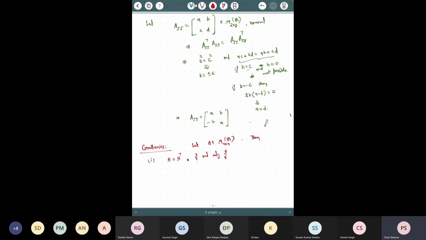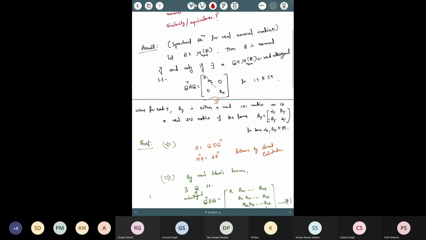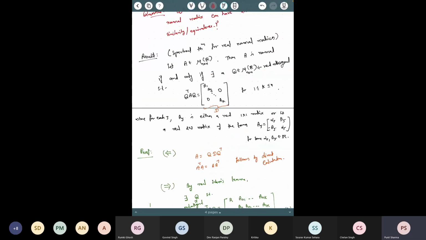Can you state the precise statement: A is equal to A transpose if and only if there is a real orthogonal matrix Q such that Q transpose AQ is diagonal. Why is this? Because all the eigenvalues of a symmetric matrix are real. Exactly. If you apply the previous result to A equal to A transpose, since A is a real normal matrix, you can say that there exists Q such that Q transpose AQ is in this form.